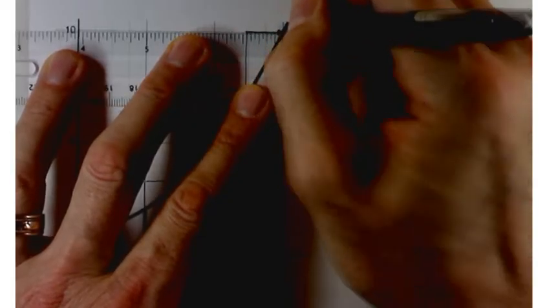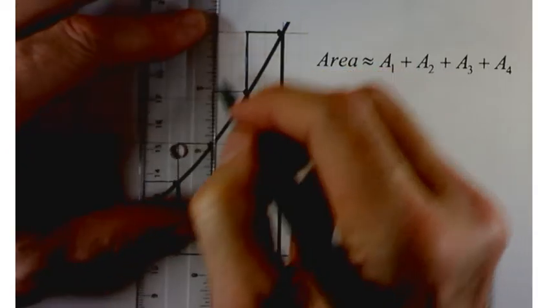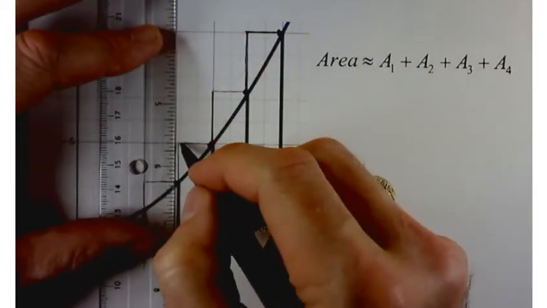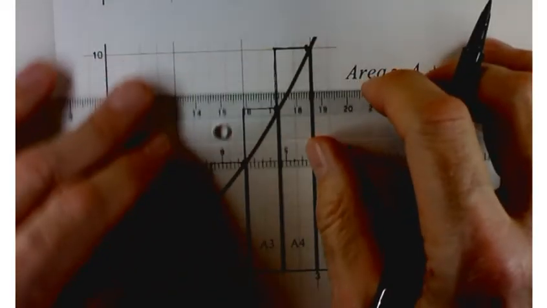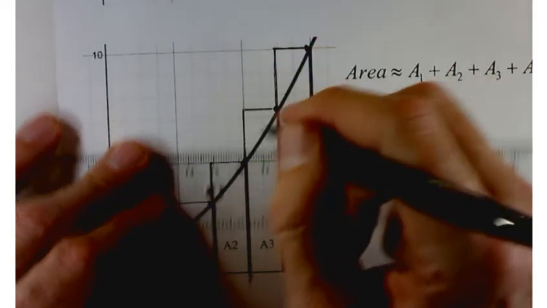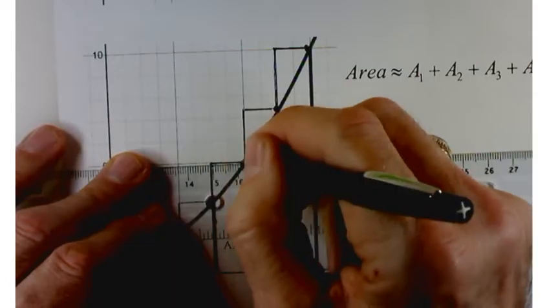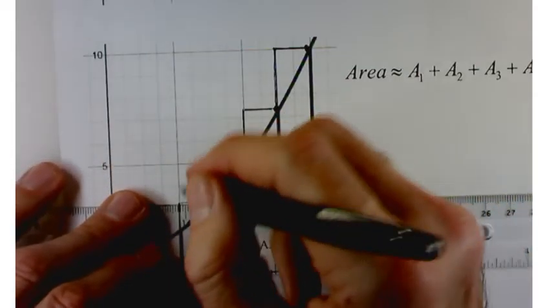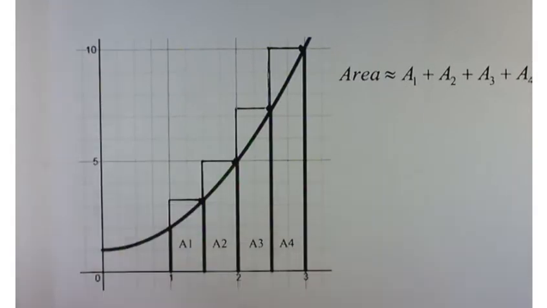So now it's a different area calculation. We're going to get a different estimate of the total area. Do you think our estimate doing the right-hand endpoint is going to be an underestimate of the true area, or what? It's going to be an overestimate.